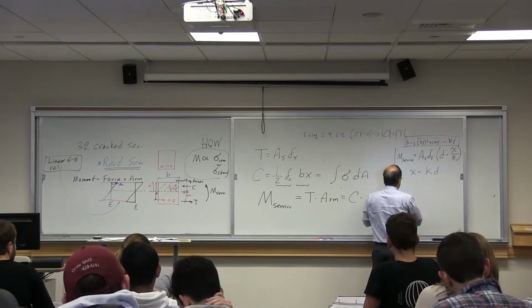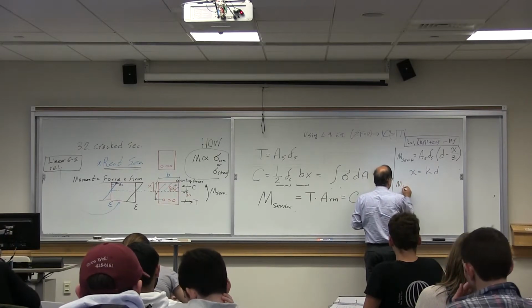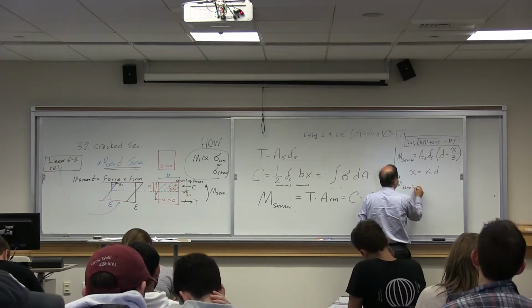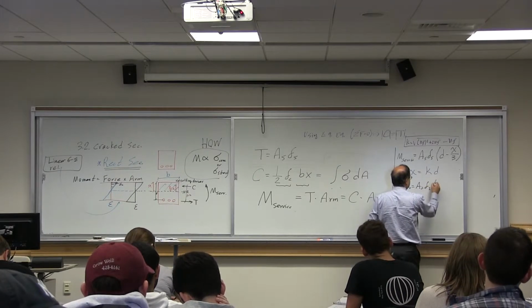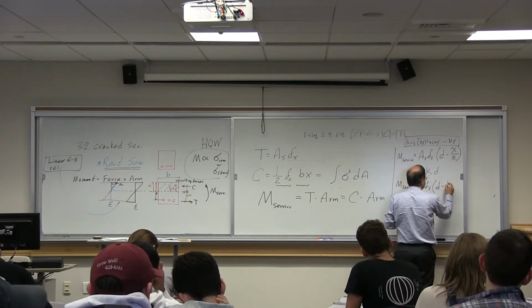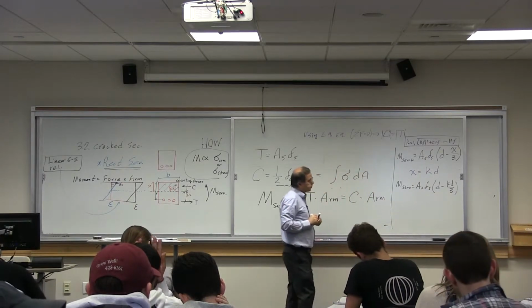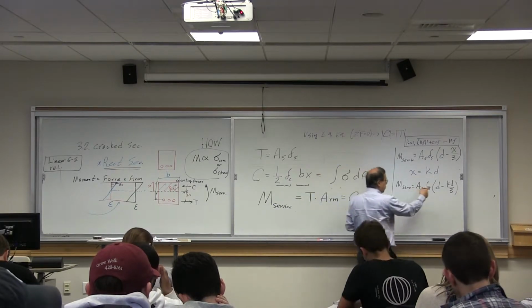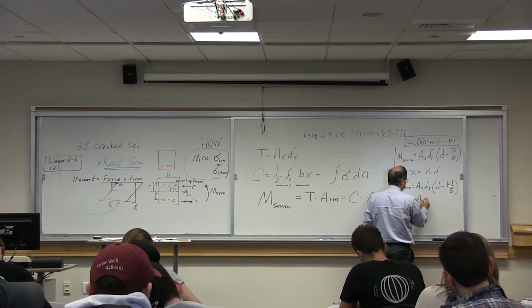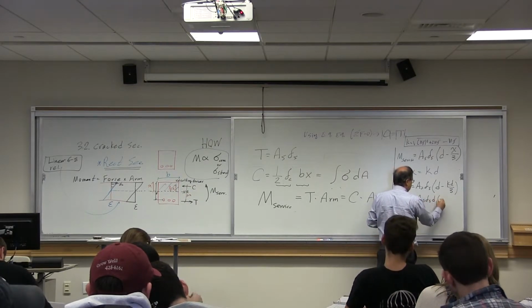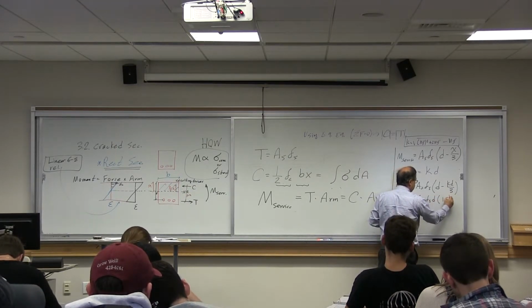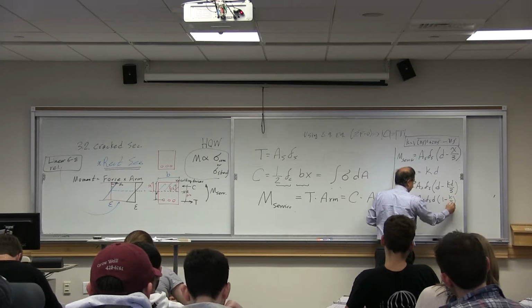Or if you plug that in directly, M service is equal to As Fs times d minus kd divided by 3. If we factor out d, it is As Fs d times (1 minus k divided by 3).